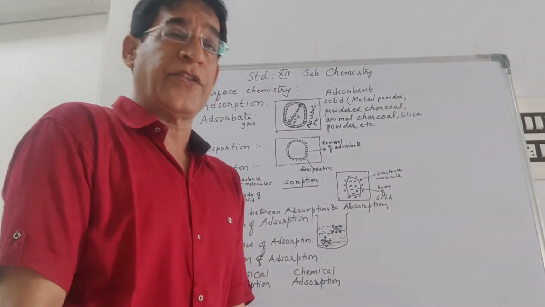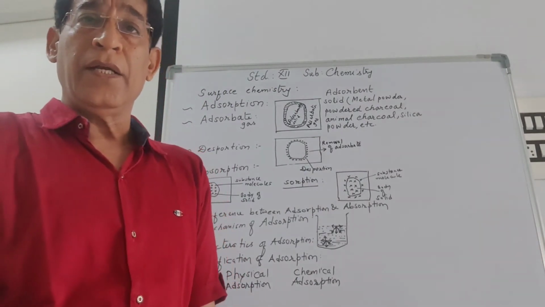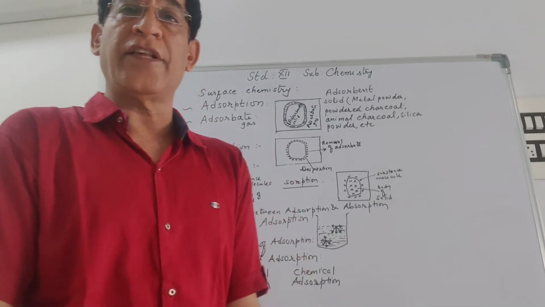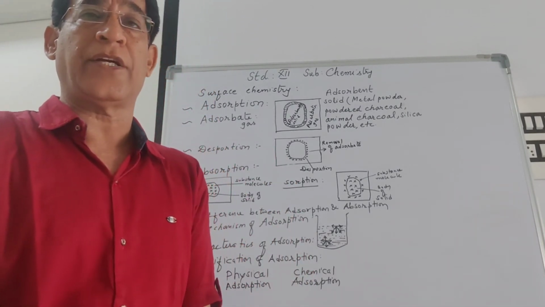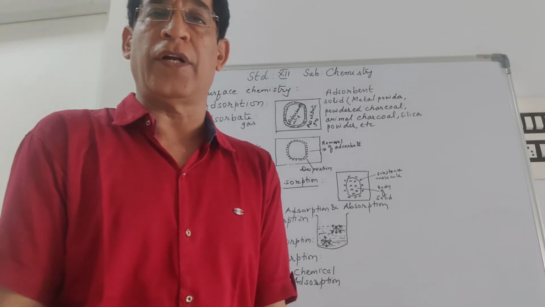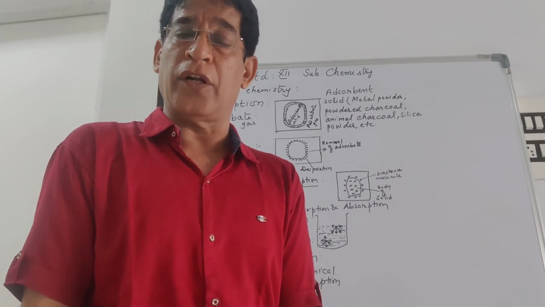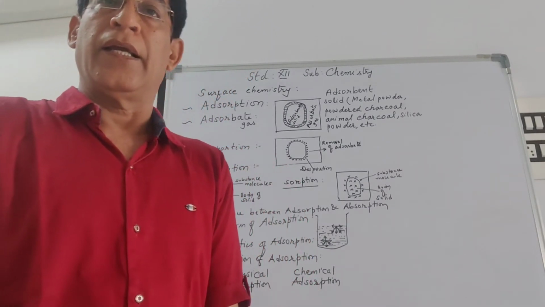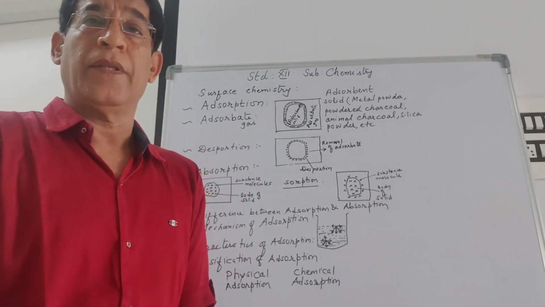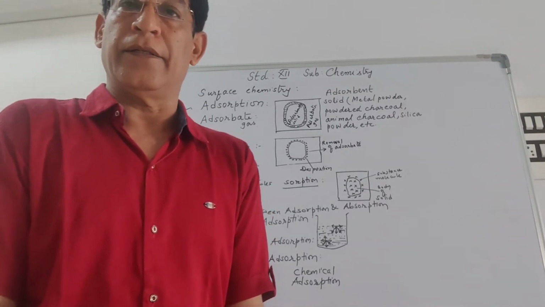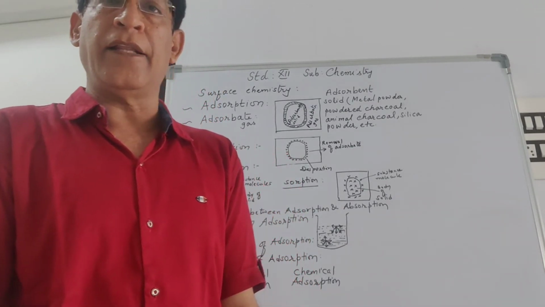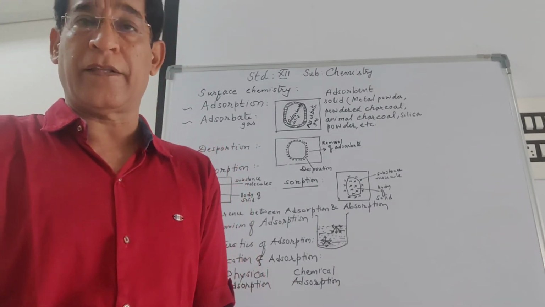Characteristics of adsorption. Adsorption refers to the existence of a higher concentration of any particular component at the surface of a liquid or a solid phase. Adsorption is invariably accompanied by evolution of heat, meaning it is an exothermic process.